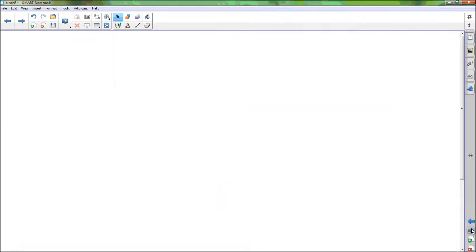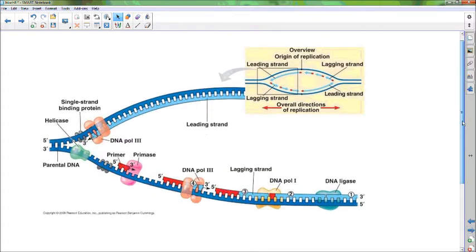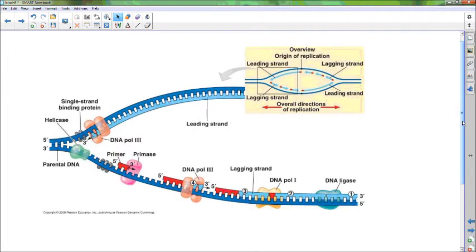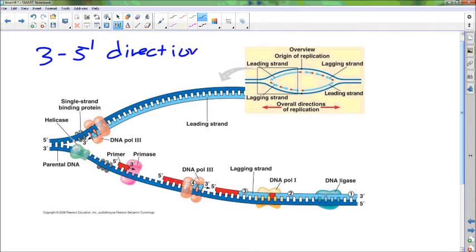The thing is, when we look at how DNA is replicated, the DNA polymerase can only go in the 3 to 5 prime direction. Okay, and when we say that, we're talking about the original strand.